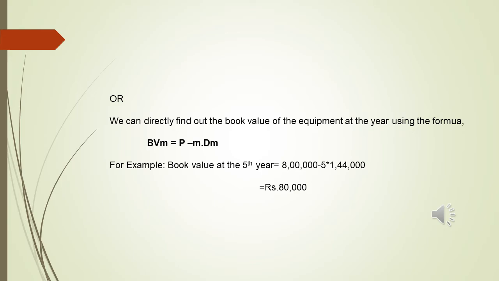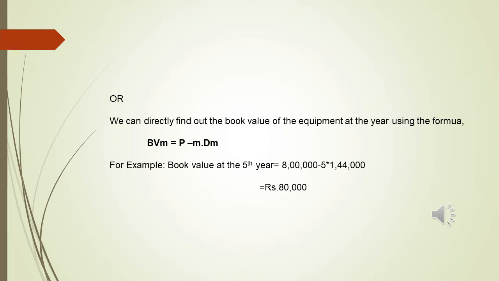Or we can directly find out the book value of the equipment using this formula, that is BVM is equal to P minus M into DM. Okay, here you can directly substitute. For example, if you want to find directly the book value for fifth year, then we know P is 8 lakhs, and 5 years is the time, and DM we have already calculated previously.